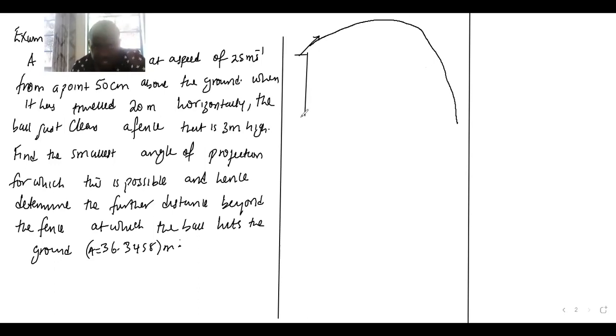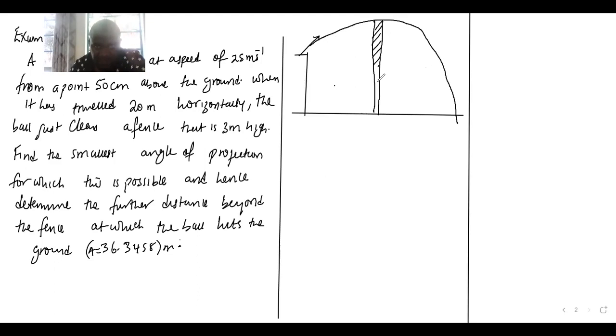But when it has traveled some distance horizontally, they have said when it has traveled a distance of 20 horizontally, what is happening? The ball is clearing a fence. When it clears a fence, it just passes at the height of the fence. So if this is where the fence is, then the ball is clearing it.